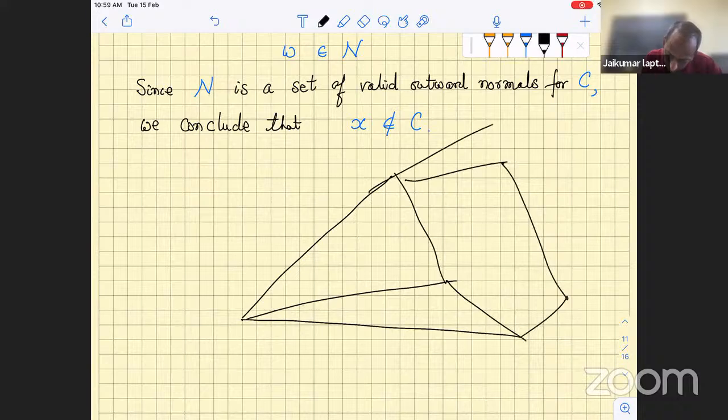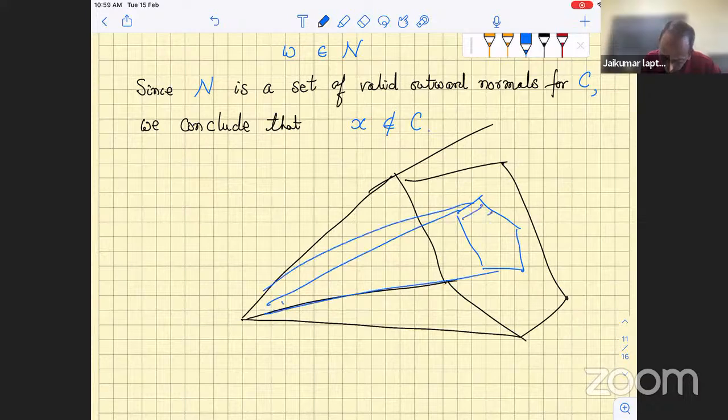And now you put your BIs. We know that these BIs generate a cone, and that cone is definitely inside this outer cone.